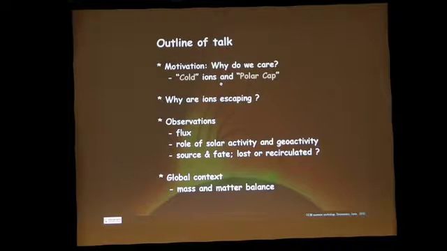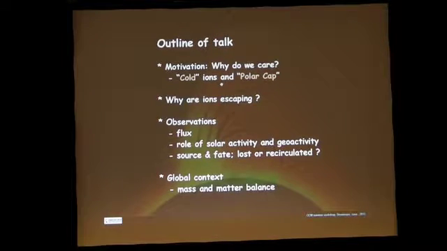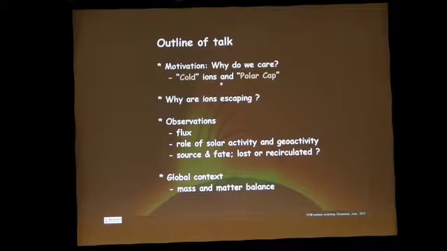Then we go to some recent observations, mainly from the Cluster spacecraft, where we look into how much cold plasma escapes, what the role of solar activity and geoactivity is, and of course, what happens to this plasma, the fate of this plasma. And if time permits, perhaps a few words about the global context.